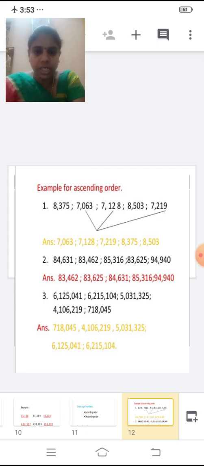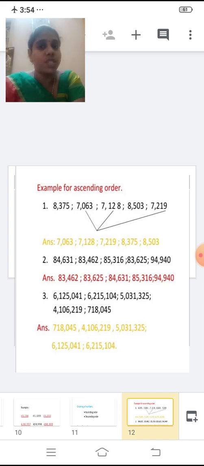Second number we have 3 in the thousands place, and fifth number also we have 3 in the thousands place, right? So both the numbers have the same digits. So now compare the hundreds place for second number and fifth number. Second number we have 4 in the hundreds place, and fifth number we have 6 in the hundreds place.